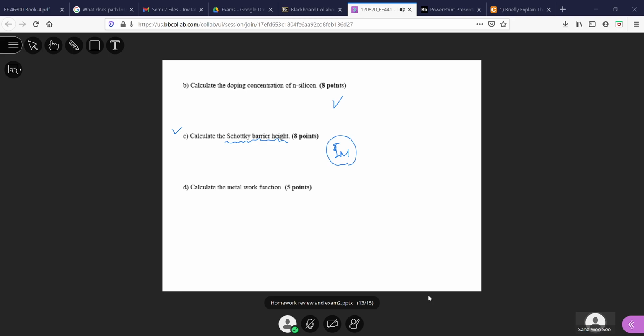And then you have the semiconductor work function, right? From in here you can calculate the barrier height.